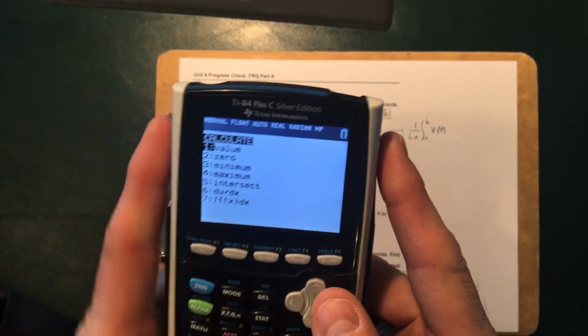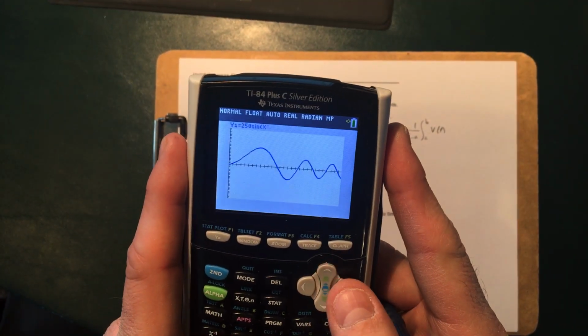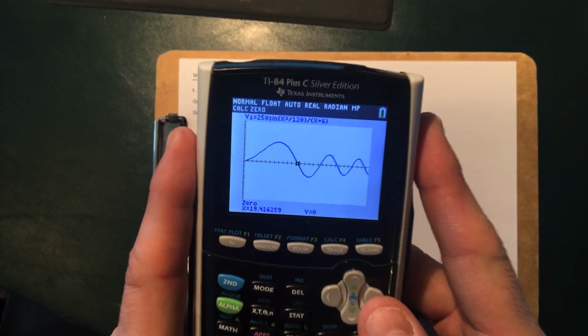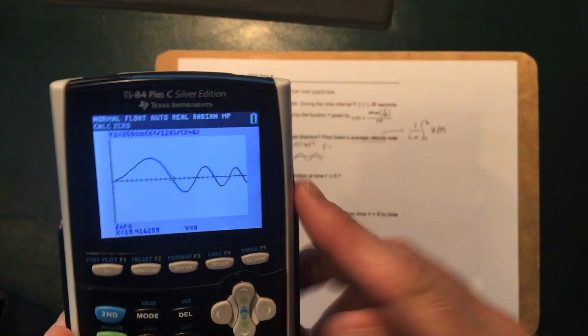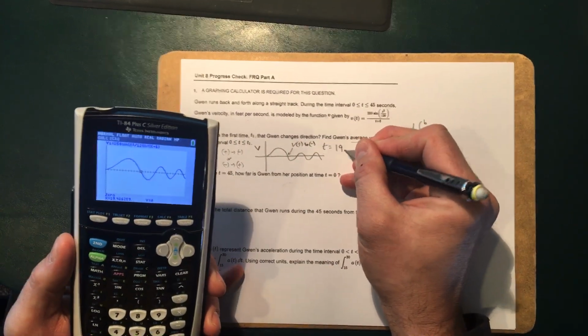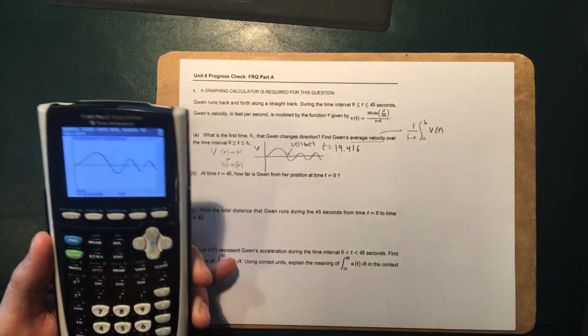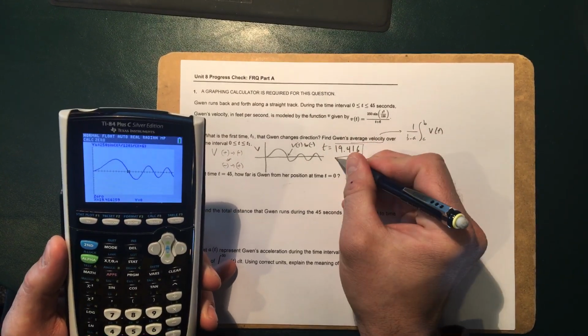Second trace, intersect, left, right, guess. 19.416-ish. Okay, so I'm going to put 19.416, and that's our first time right there.